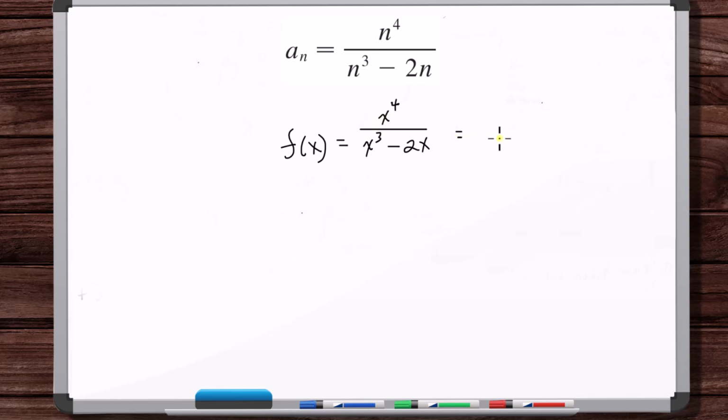Okay, so if we factor out an x here, it simplifies to this. Let's just find this limit as x goes to infinity. The degree of the numerator is greater than the degree of the denominator, so let's do polynomial long division.